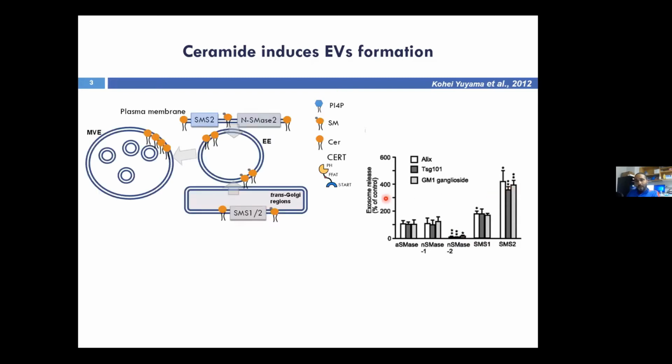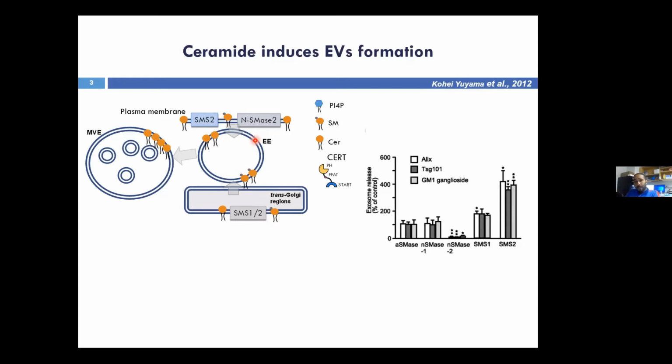So this means that ceramide has to reach the trans-Golgi to be substrate for the sphingomyelin synthase 1 and 2. And sphingomyelin has to enter the endocytic pathway to reach the membrane for being substrate for the sphingomyelinase 2.